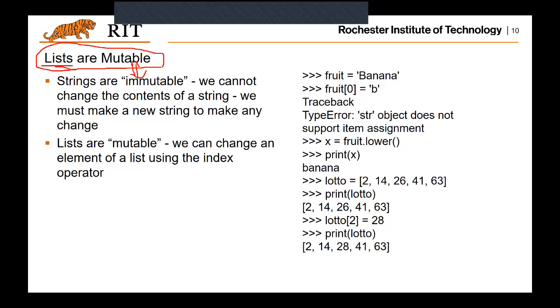But for string, you can just read it. You can just access a certain element in the string, which is one character, but you cannot change the content of the string. So if we look at this example, you have a string.